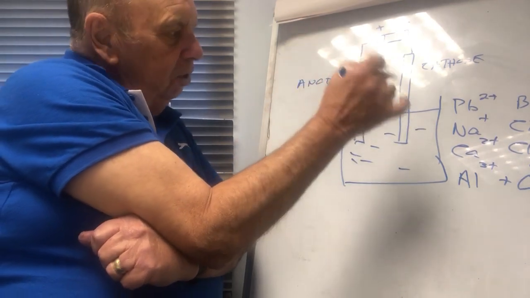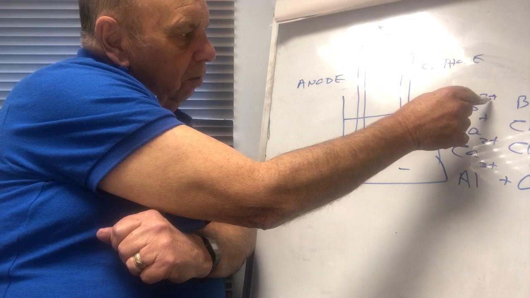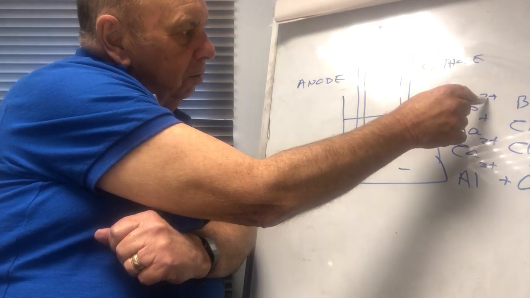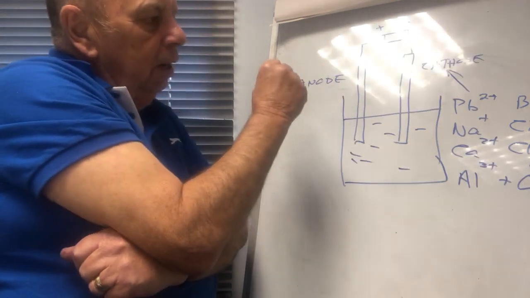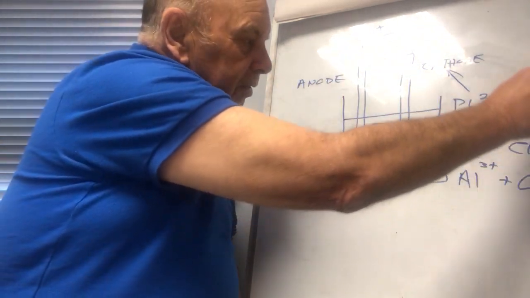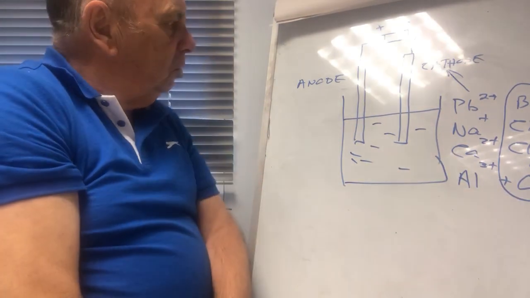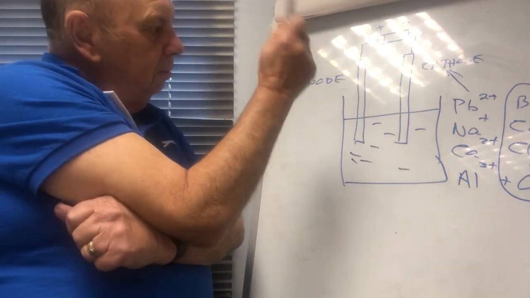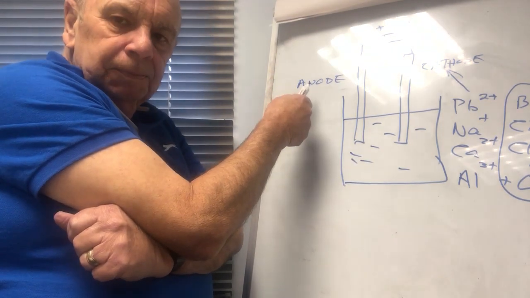What happens is I turn on the juice. Would you believe this? The positive ions go to the negative electrode, and the negative ions go to the positive anode.